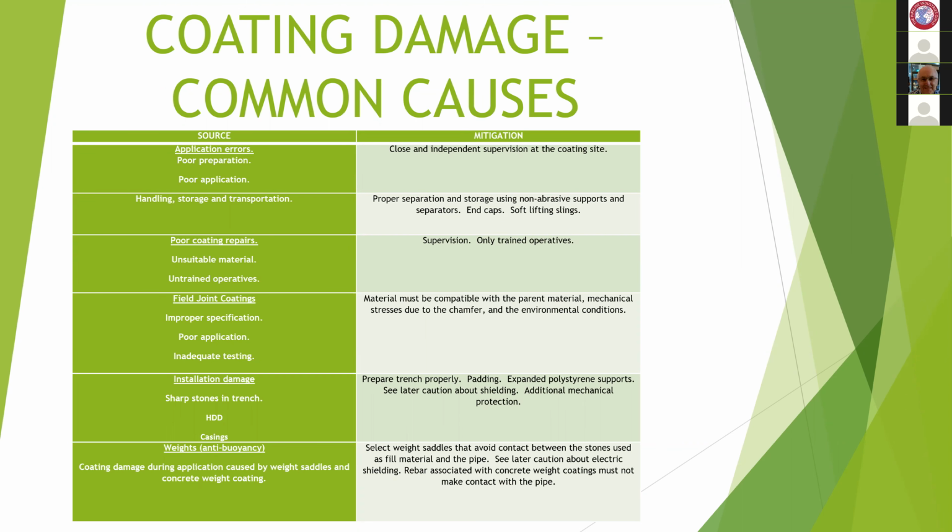There are some field joint coating systems that can't be used in very wet conditions or very hot conditions or very cold conditions. Some materials need very expensive storage facilities on site, and some need extremely high quality surface preparation. All these things can be done, but there's an environmental and a fiscal cost associated with that.